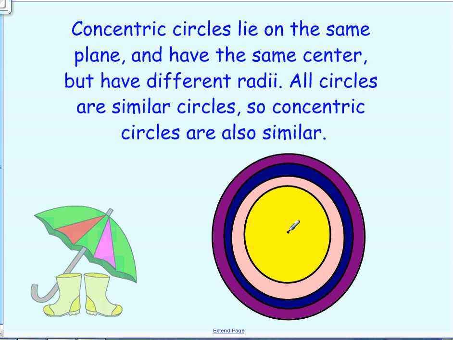However, the radius of each circle is different. For example, of the yellow circle, it's just that. For the pink circle, it goes all the way out to there. The blue circle, all the way out to that edge, and the purple circle all the way out to that edge.